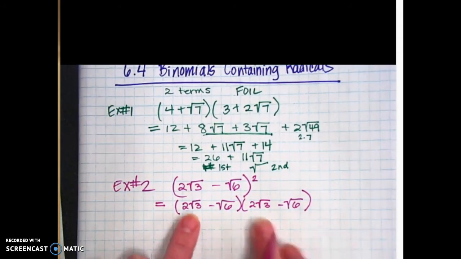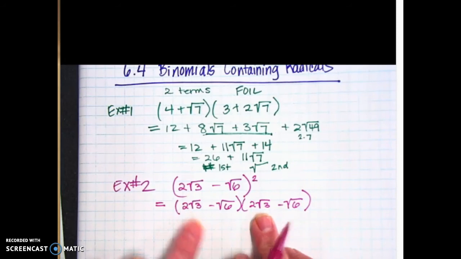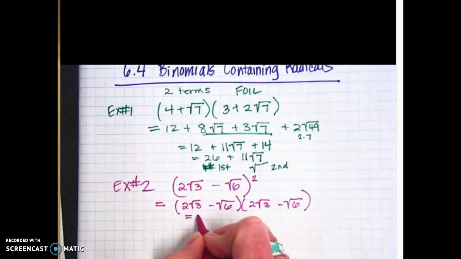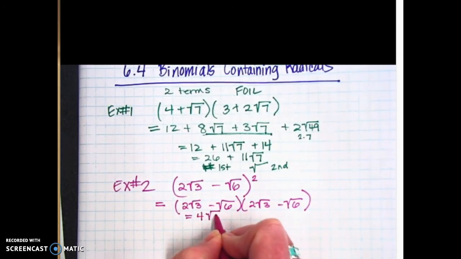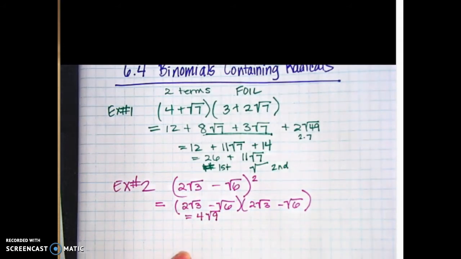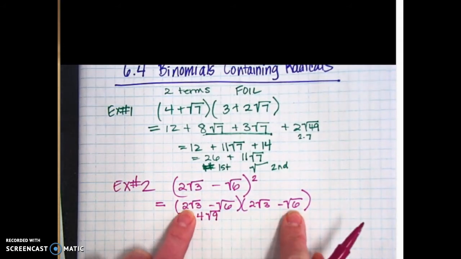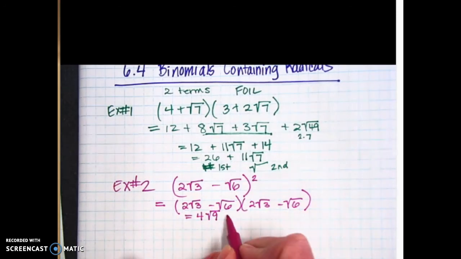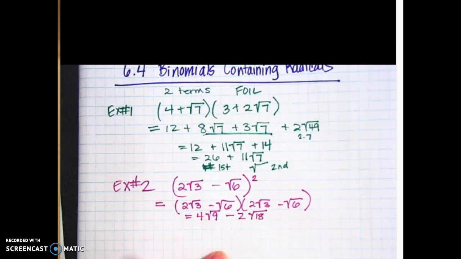So F is first. 2 rad 3 times 2 rad 3 is 4 rad 9. Outside. 2 rad 3 times negative rad 6 is negative 2 square roots of 18.